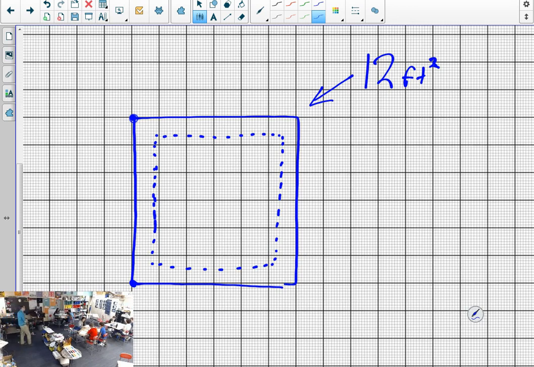Yeah, it's 12 by 12. And then you subtract 1 foot because of the 6 inches on both sides, so that gives you 11.